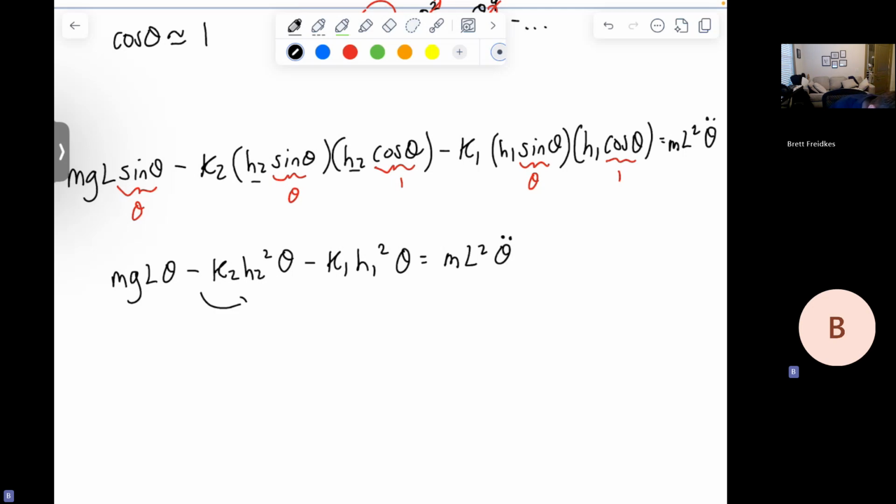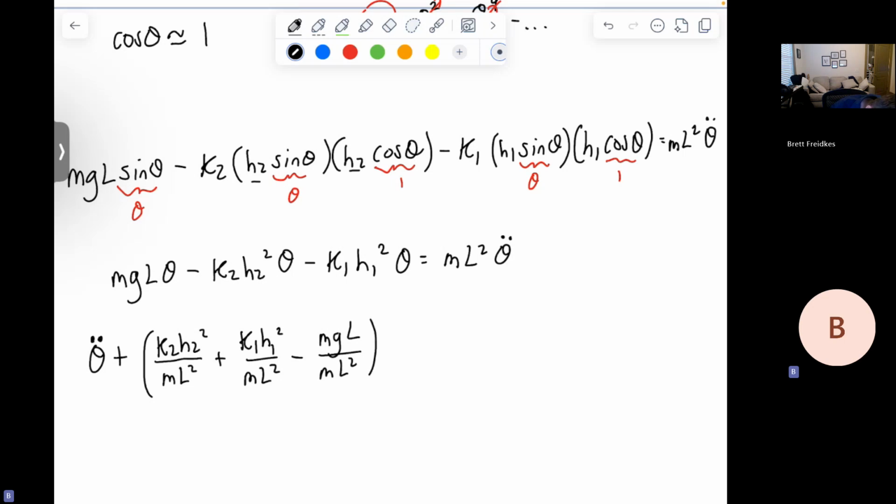So if I bring this over, it's going to become positive, that's going to become positive, that's going to become negative. And dividing by ml squared, I'll get theta double dot plus, and each of these terms has a theta, so I'll factor it out. This is going to be k2 h2 squared over ml squared plus k1 h1 squared over ml squared minus mgl over ml squared times theta is equal to 0.